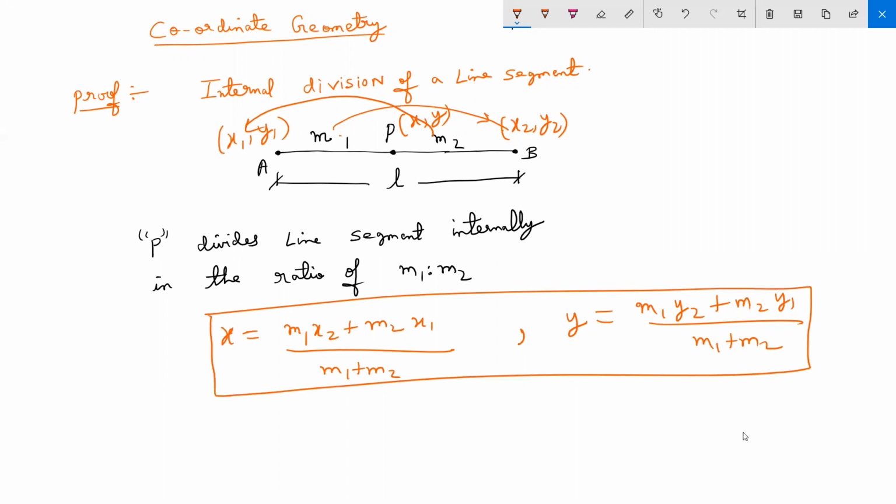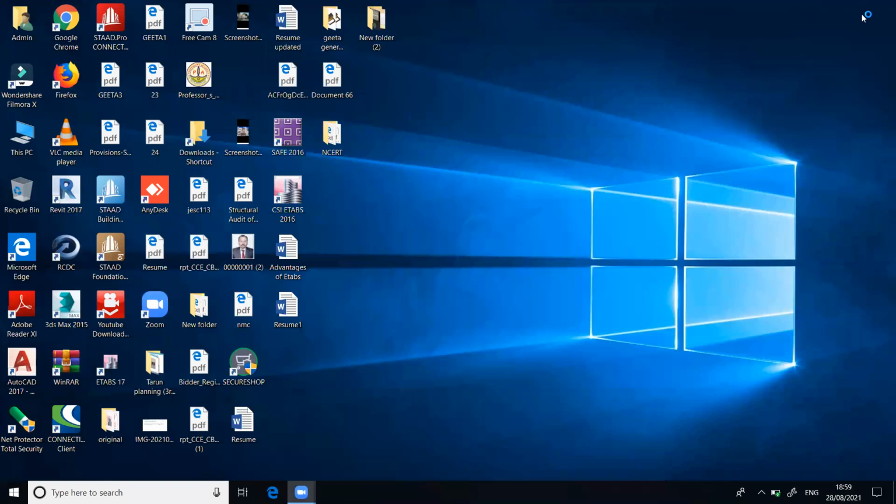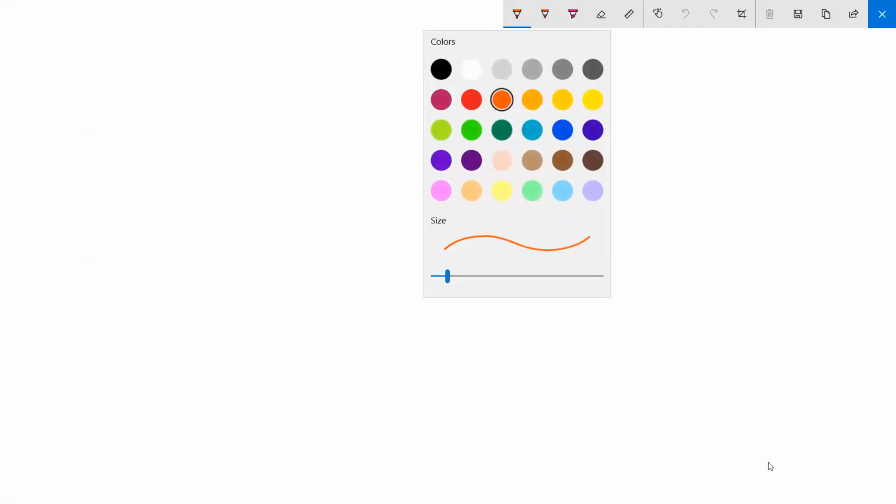Now I will start with the proof. Making use of this concept of coordinate geometry, we will derive the formula for internal division.